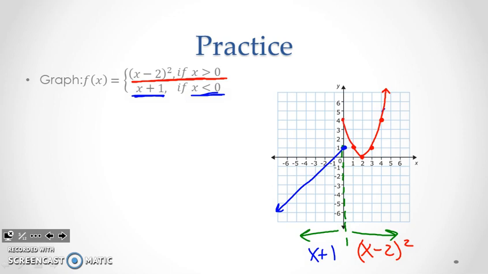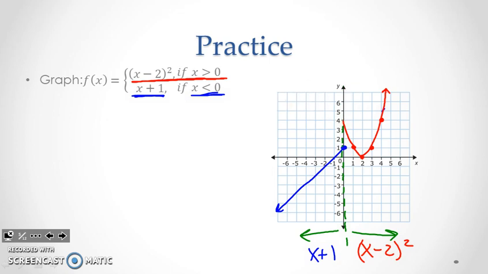That should be on the right side. And then on this left side over here, I should just have my line. So again, the parabola is over here on the right, so I erase the blue, just leave the parabola. The line is over here on the left, so I'm going to erase the parabola part that I had and just have the blue part.